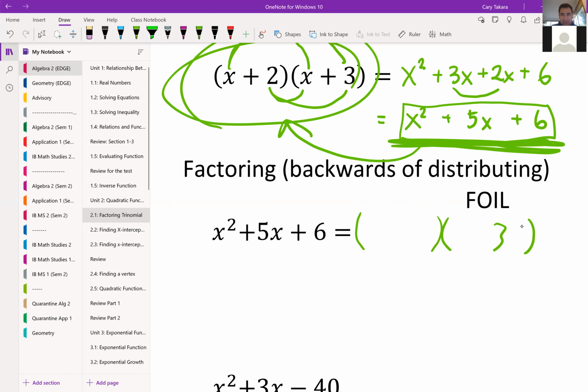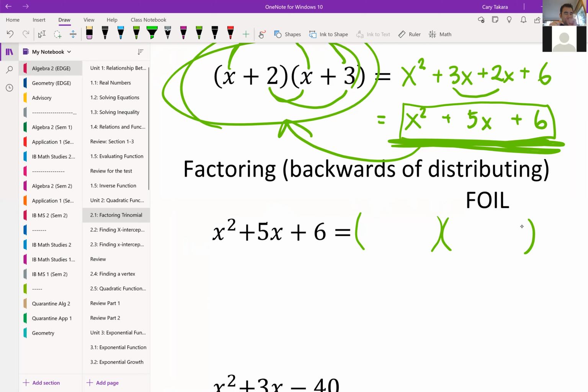But that's the answer. We're going to backtrace how we got x squared plus 5x plus 6 and try to figure out the rules. The purpose of this exercise is for you to see what is happening in the factoring process.